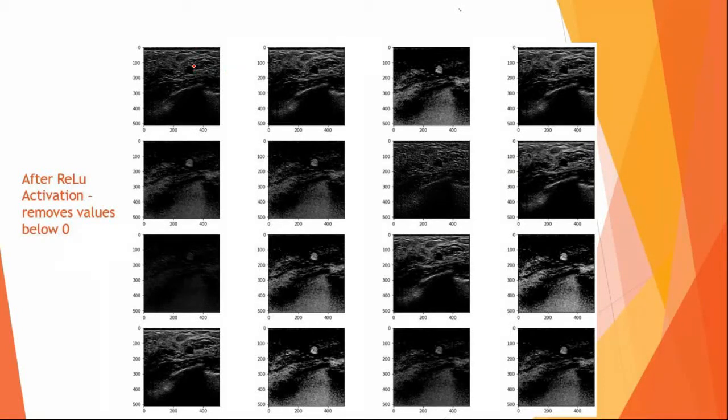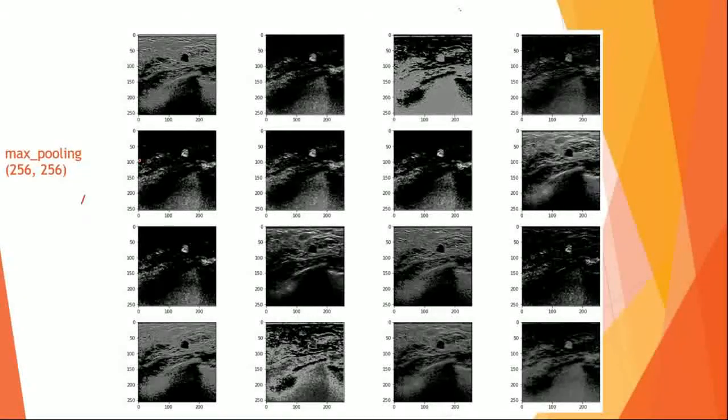You can see the feature maps here, and the lesion is quite visible. The next stage is the output of the max pooling. Earlier it was 512, now it becomes 256.